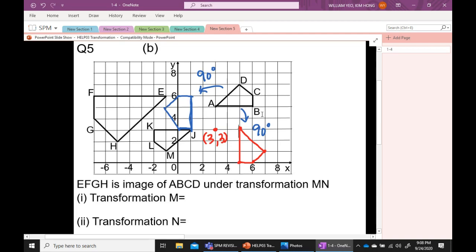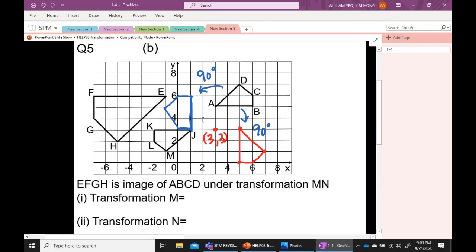So when you see this, it's very important to imagine the size and the shape. If from here to here, yes, it's 90. But you see this A is corresponding to J. So A, if you rotate, you will get J. D, if you rotate, you get M. So from here to here, it must be 180 degrees.